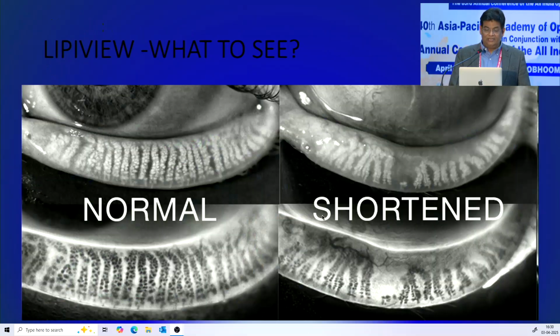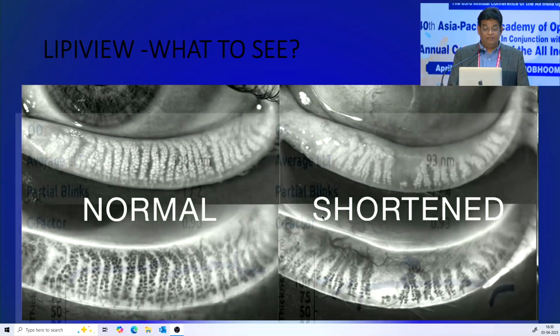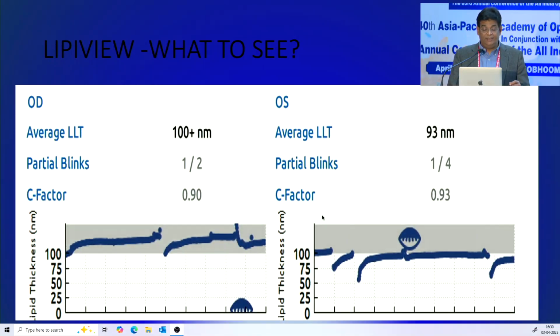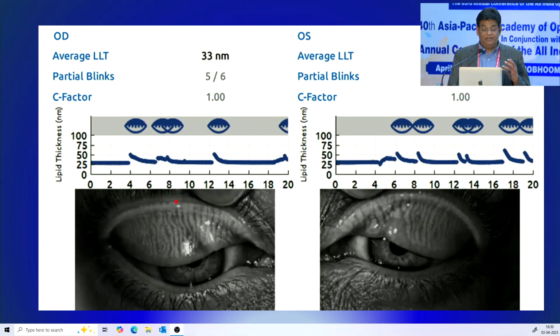So this is a classical case of post-LASIK dry eye. In these patients, we sometimes see multiple partial blinks, or some kind of deficiency of meibomian glands or some kind of lesions which would be precipitating this.